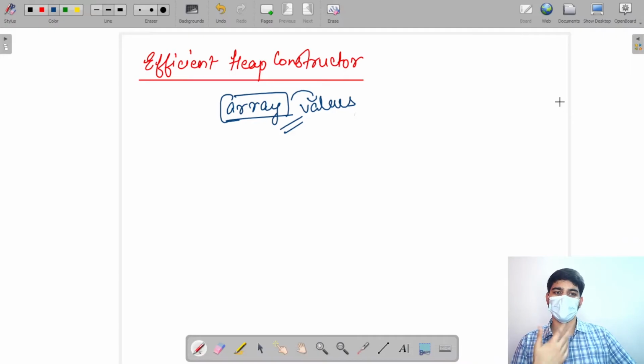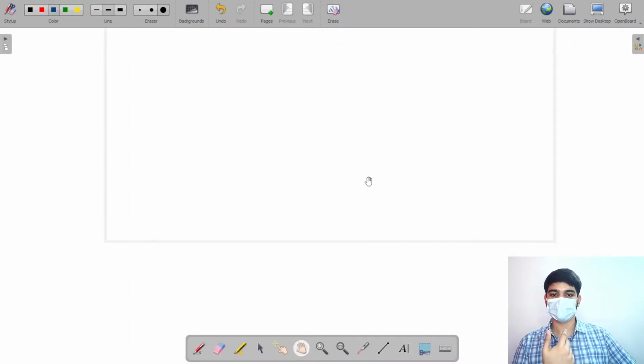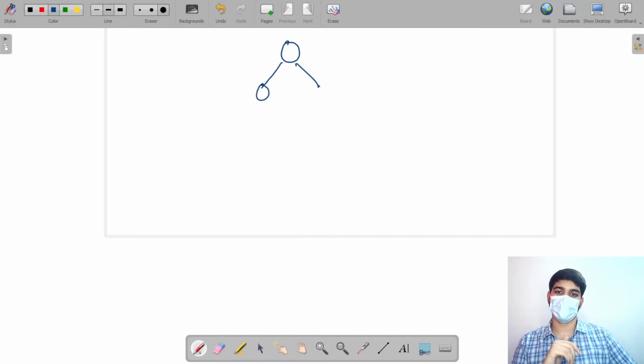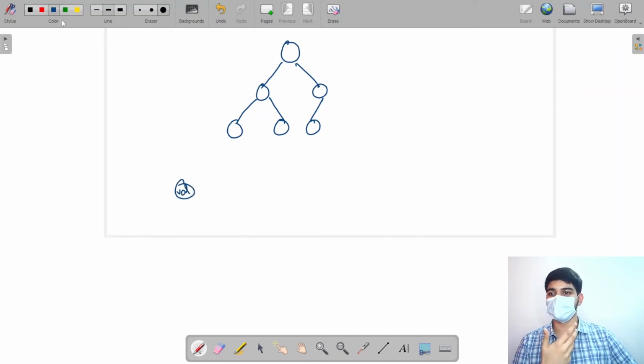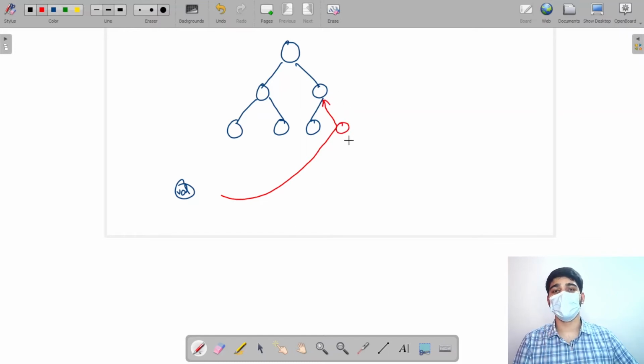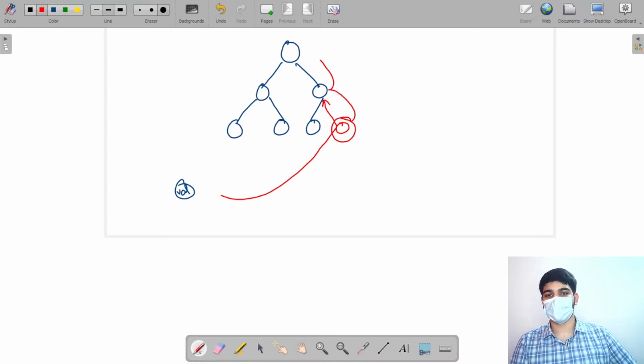So if we think about it, if I have a heap like this and I have to add a value, this value would be attached at the end, and then the up-heapify function would be called from this point. It would travel back up until it reaches its correct position.